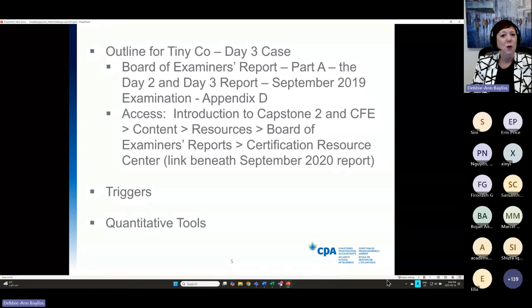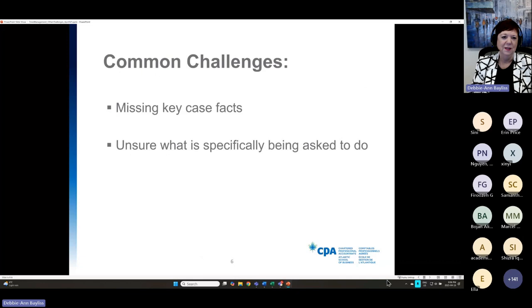I'm going to focus in this section not only on creating that outline, and that's going to be electronically in Word and Excel, but also on being on the lookout for direct or indirect triggers, and I'm going to go over the various quantitative tools.